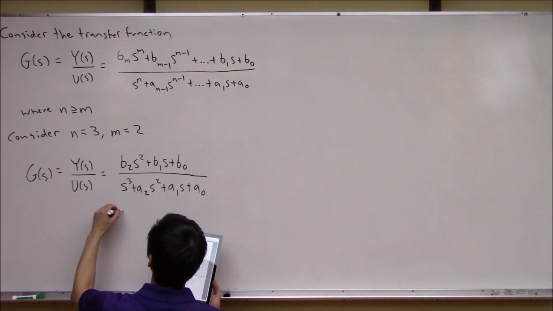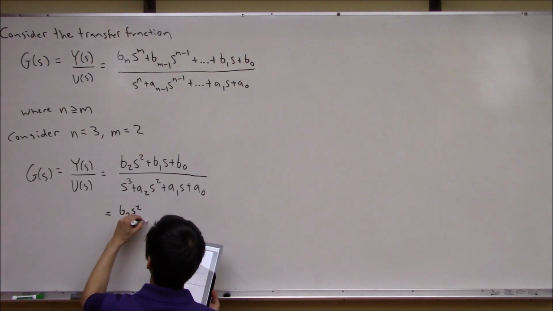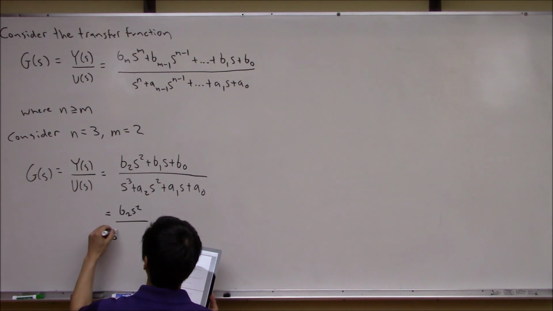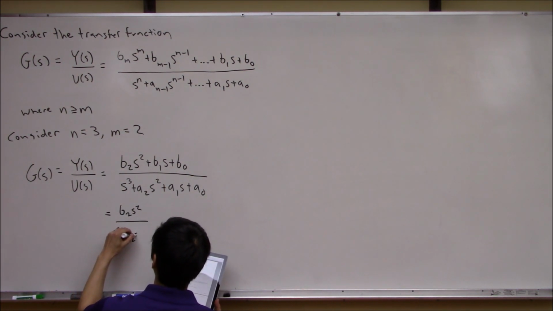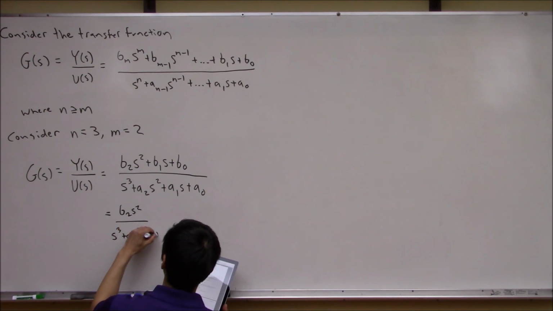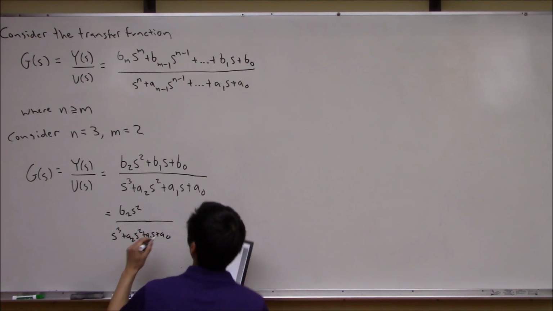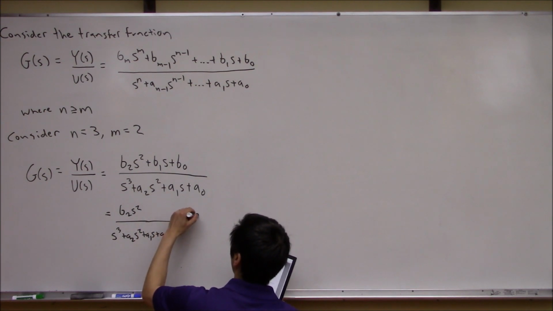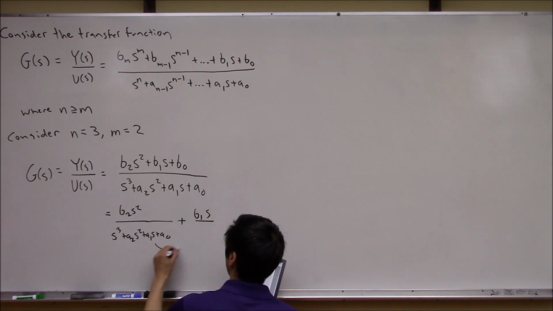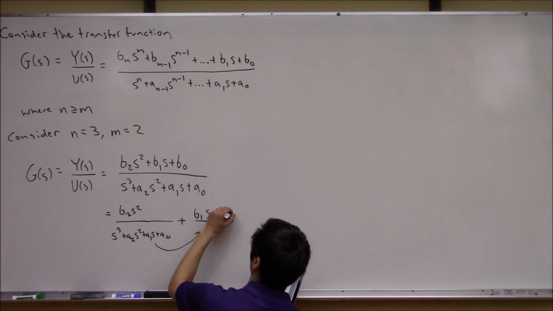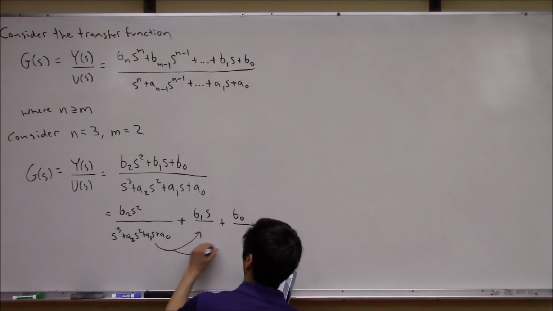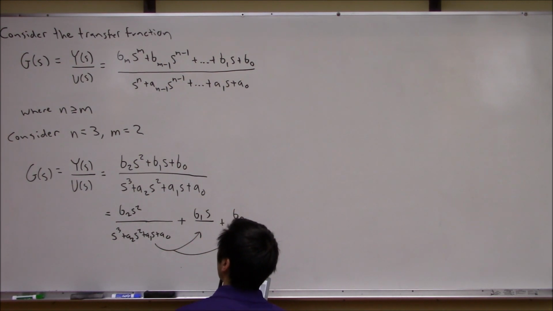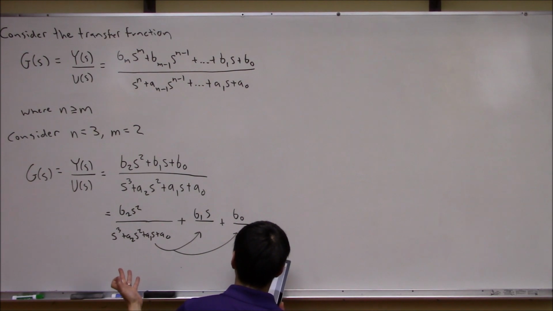Let's write this as b2 s squared all over the denominator, s cubed plus a2 s squared plus a1 s plus a0, plus b1 s all over basically the same thing, plus b0 all over the same denominator. So you could break this up like this if you want.